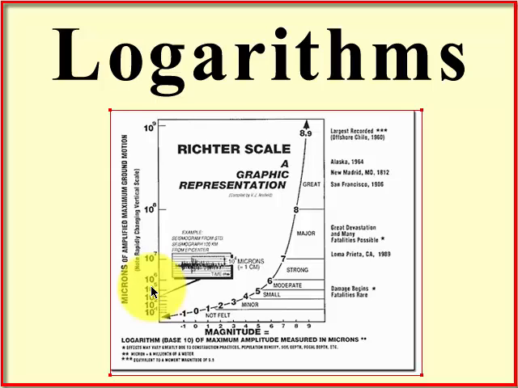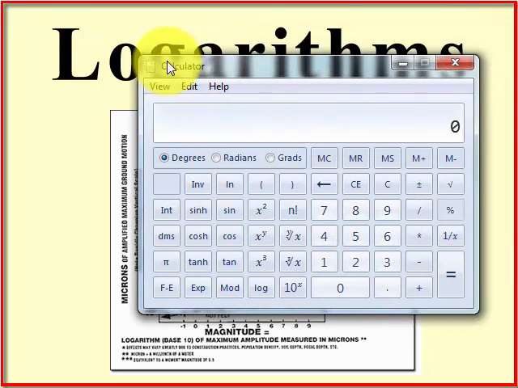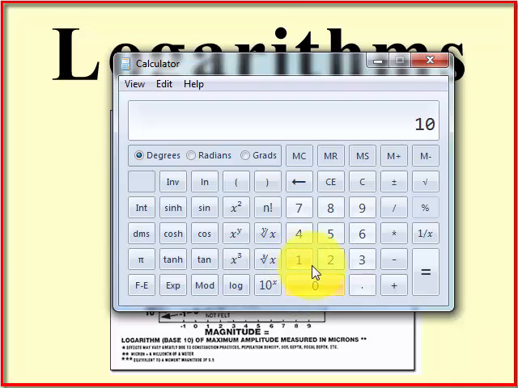That's when that big chunk of underwater mountain fell and caused that Indonesian tsunami of 100 feet and killed all those people. It was horrible. But that was a 9.1, and that's literally 10 to the 9.1. So let me show you what that would look like on a calculator. We'll take 10 and we'll raise it to the 9.1.